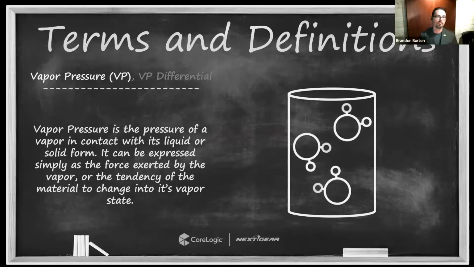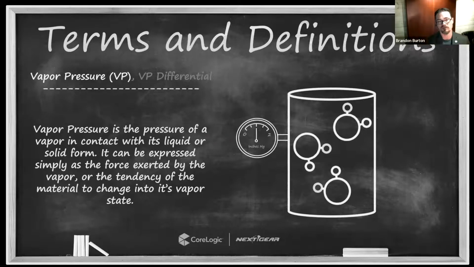Vapor pressure is the pressure of a vapor in contact with its liquid or solid form. It can be expressed as the force exerted by the vapor or the tendency of the material to change to its vapor state. These are all accurate descriptions of vapor pressure. Here's the simple version: if I take a bunch of water and put it into a sealed container at a particular temperature, then I could measure the pressure inside that container.